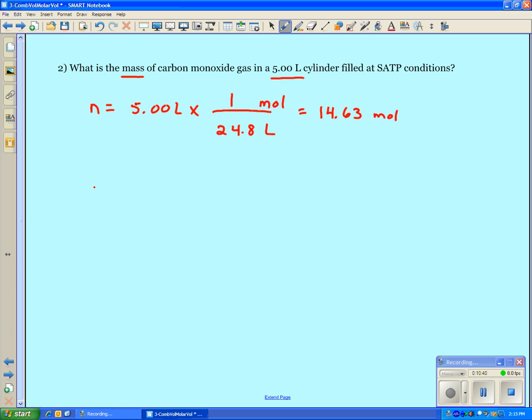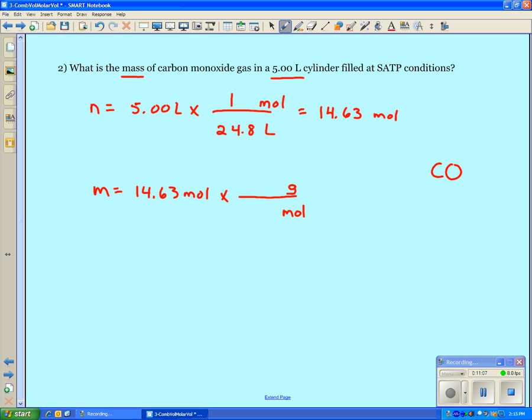From that moles, now we can change into mass. So 14.63 moles with all of its decimals still in your calculator. We want to multiply so that we end up with units of grams because we're looking for a mass. We need to cancel moles, so those go on the bottom. Grams over moles is the unit for molar mass, so we need the molar mass for carbon monoxide.